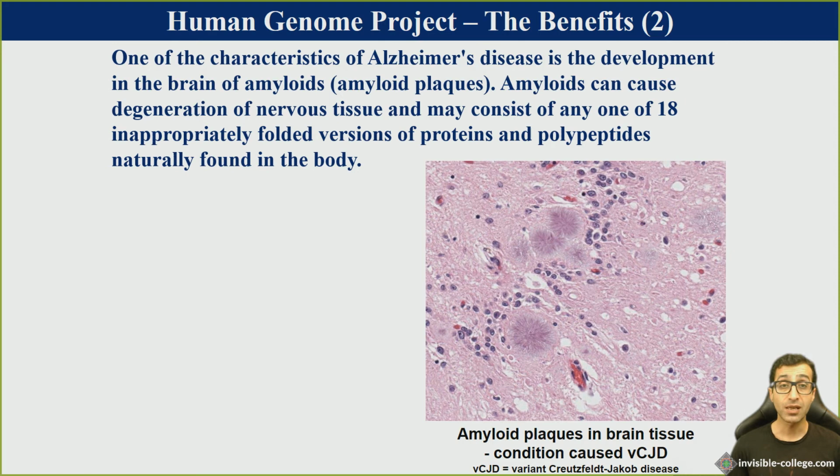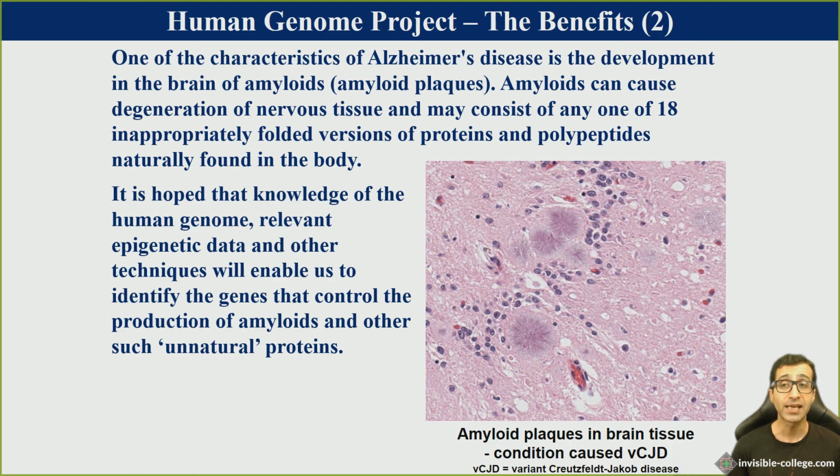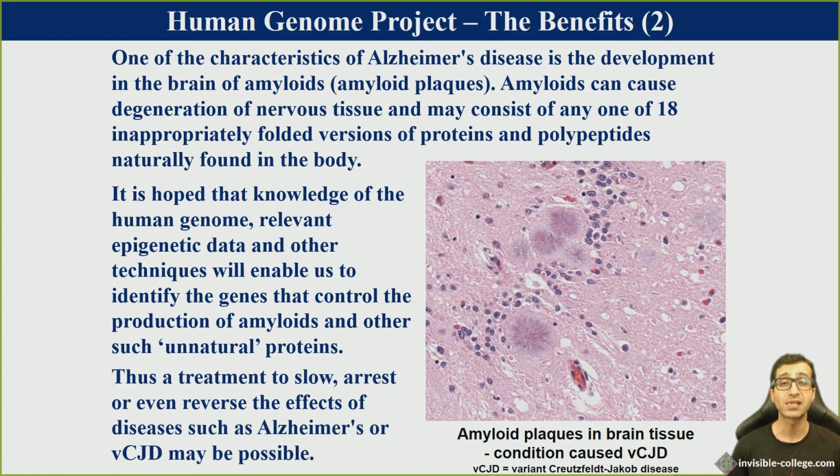So it's hoped that knowledge of the human genome and also relevant epigenetic data and other techniques will eventually enable us to identify the genes that control the production of these amyloids and also other unnatural proteins which can lead to pathologies. So a treatment to slow, to stop, or even to reverse the effects of diseases such as Alzheimer's disease or also Creutzfeldt-Jakob disease, so-called mad cow disease, eventually may be possible.